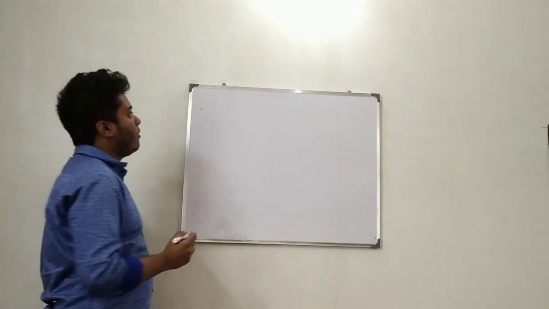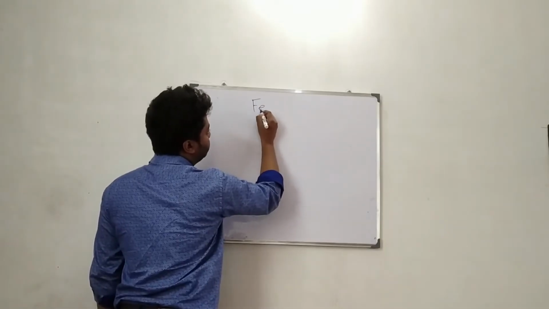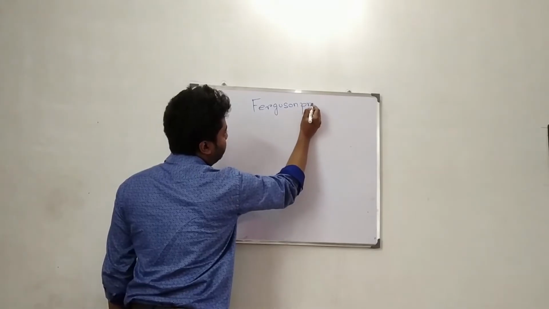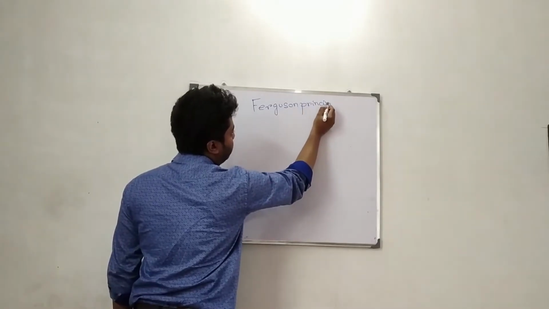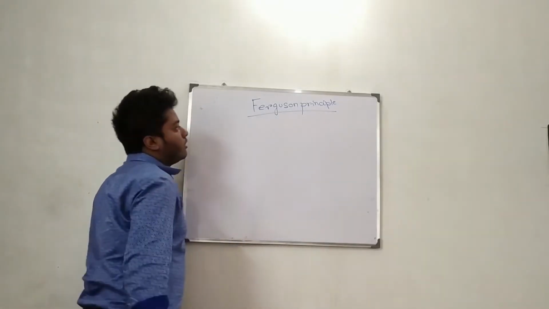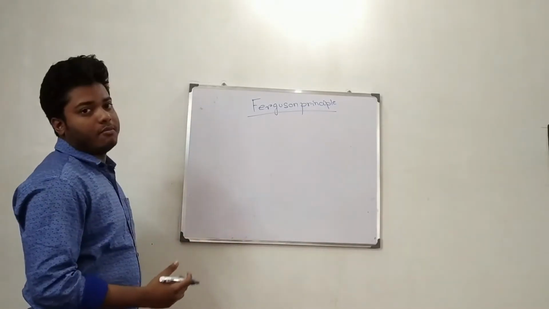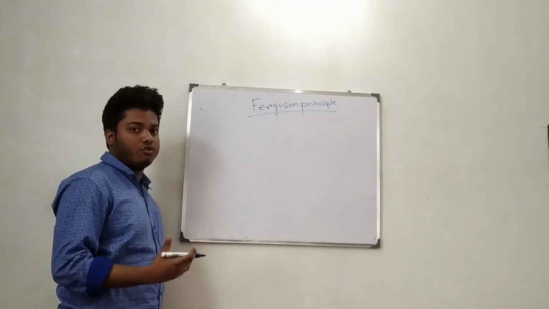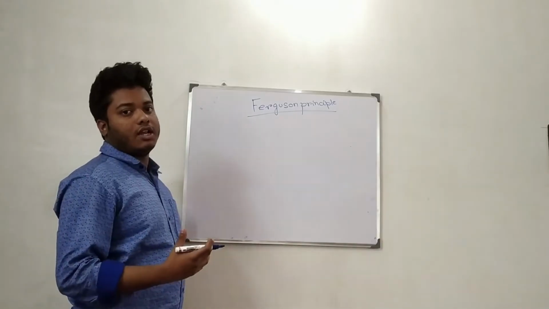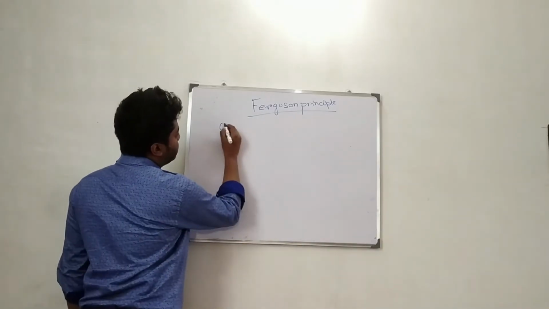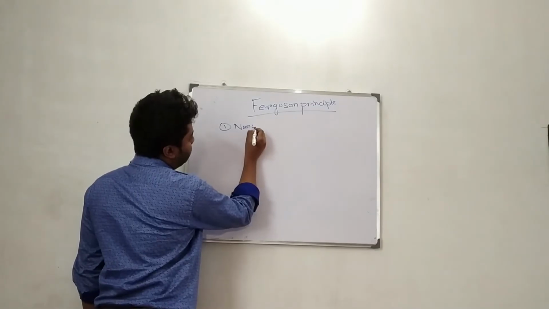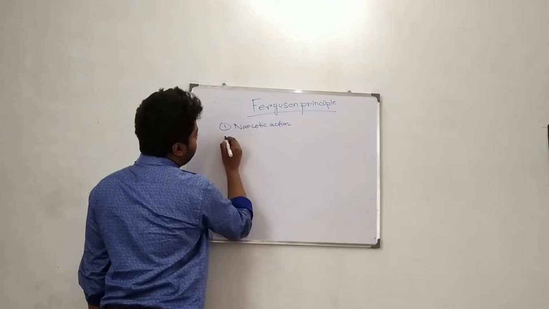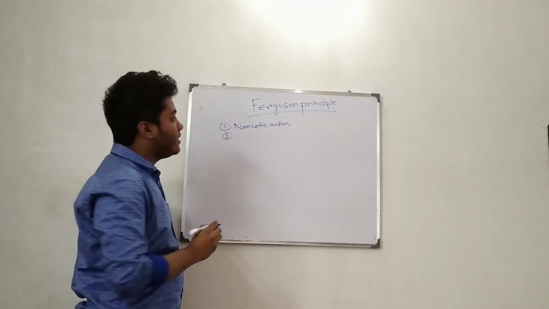Next we will discuss the Ferguson principle. This principle arises from the fact that many compounds of different functionalities, having different functional groups, have similar biological activities, such as narcotic action and anaesthetic action.